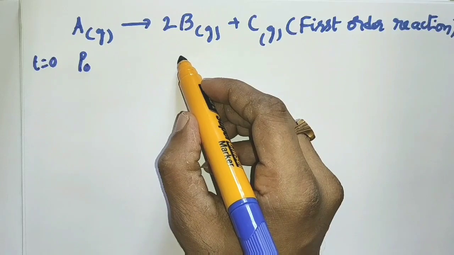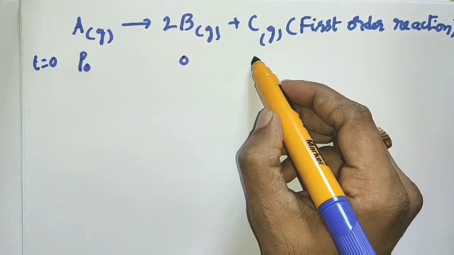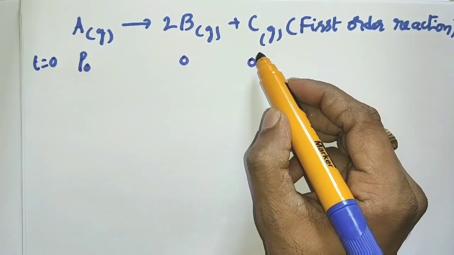Pressure due to B is 0 and due to C is also 0 as the reaction has not yet started.